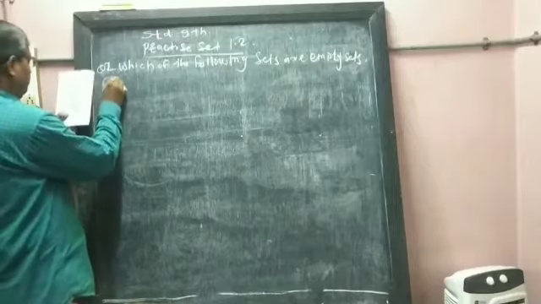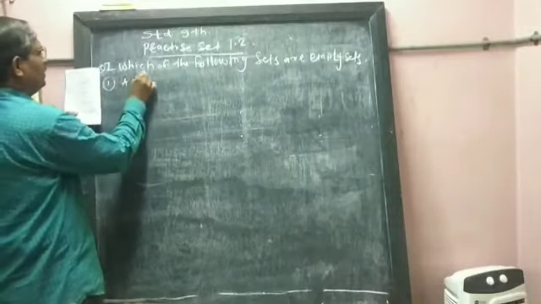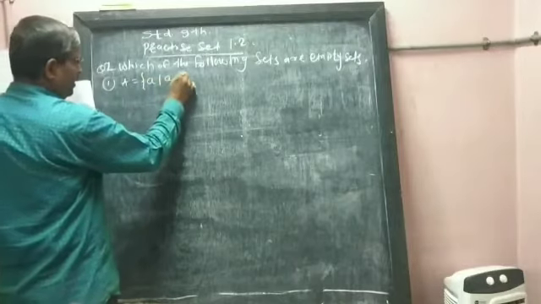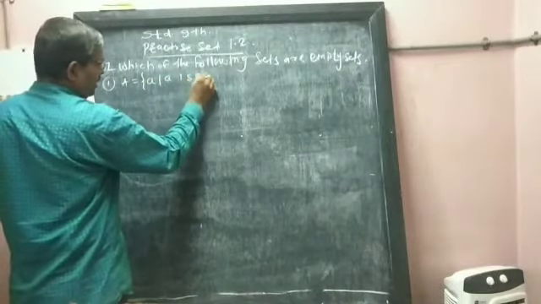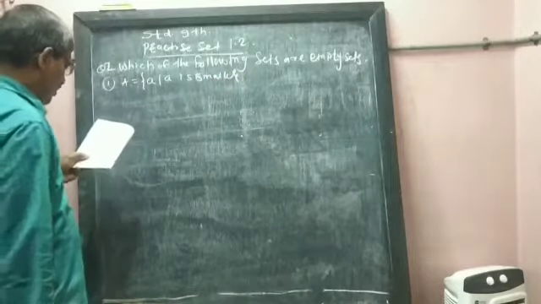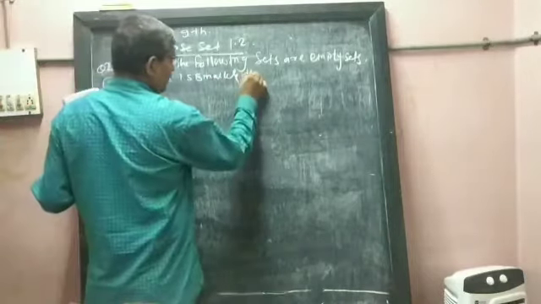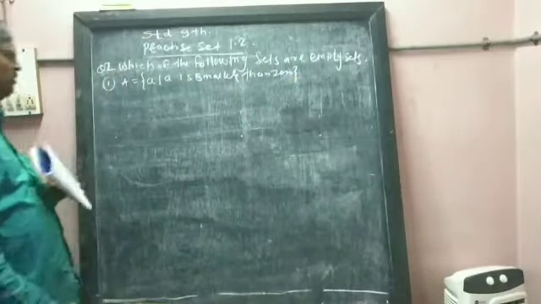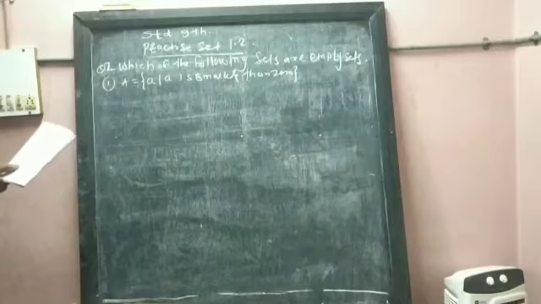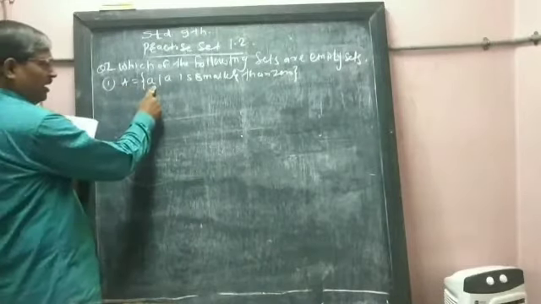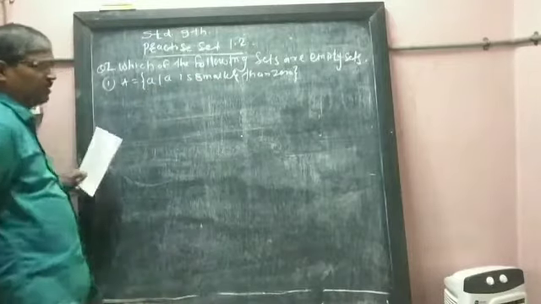Question number 1. A is equal to the set of A such that A is smaller than 0. What is told? One set A such that A is smaller than 0.